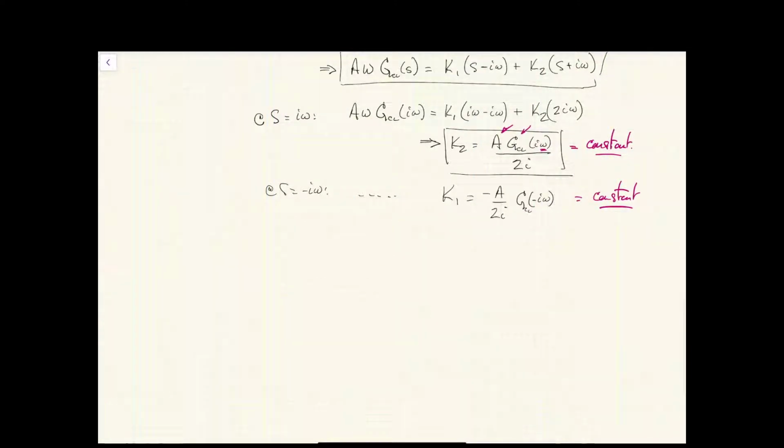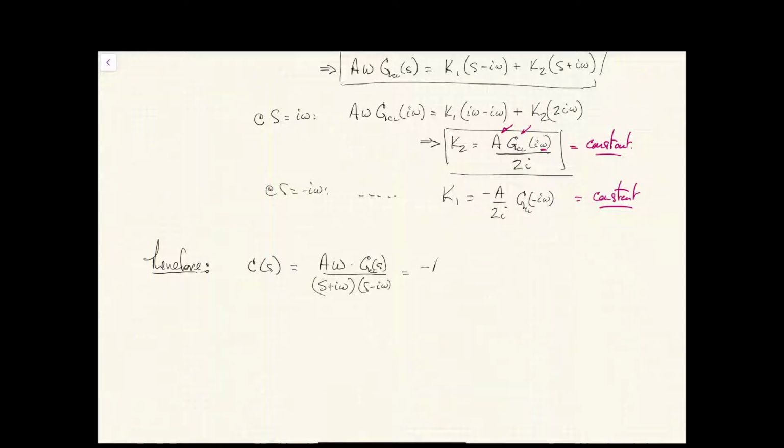Putting that together, that means that the output of my system is equal to A times omega times G of S divided by S plus I omega times S minus I omega, and here I'm forgetting my closed loop here, so I'm putting it down there.